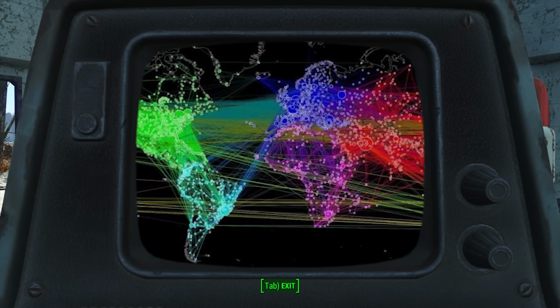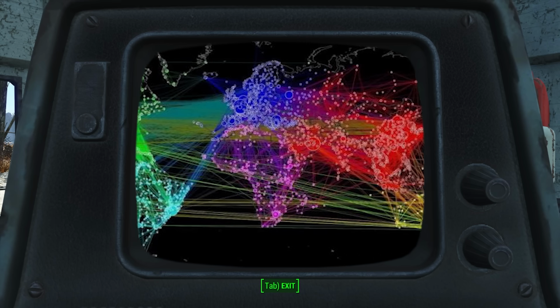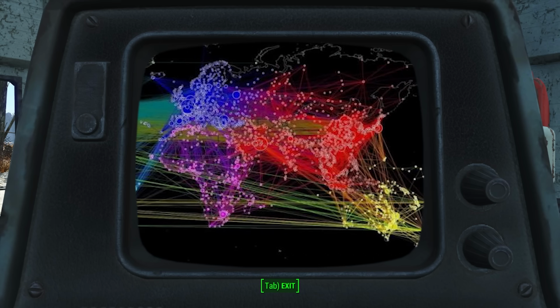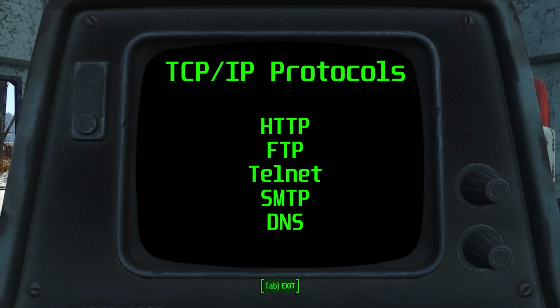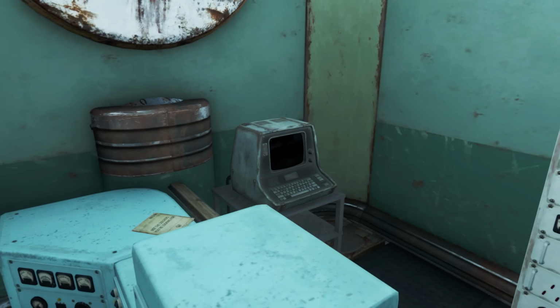Really, the important bits are the global reach, that it's not just a network, but a network of networks, and it uses specific technologies and protocols to operate, like TCP/IP and packet switching. Okay, that is our target.